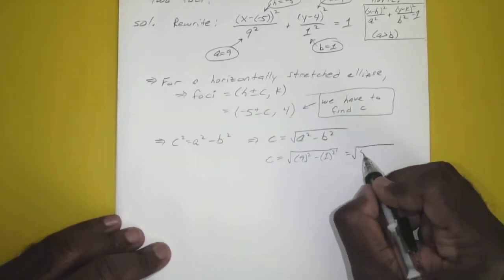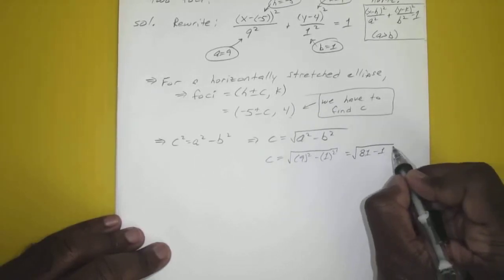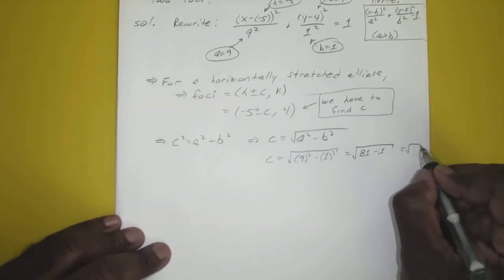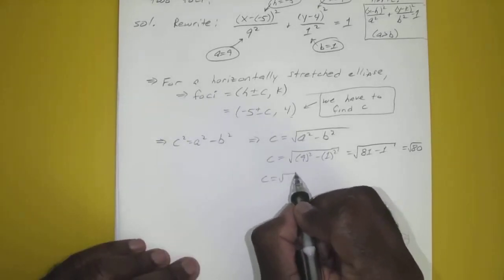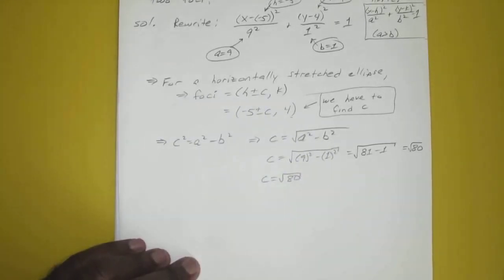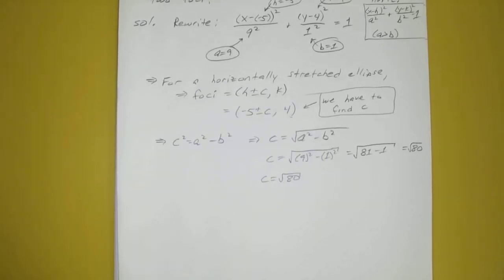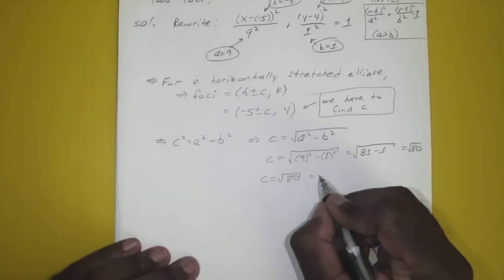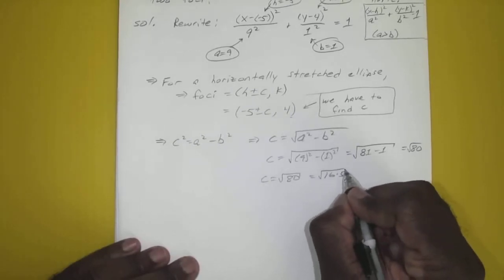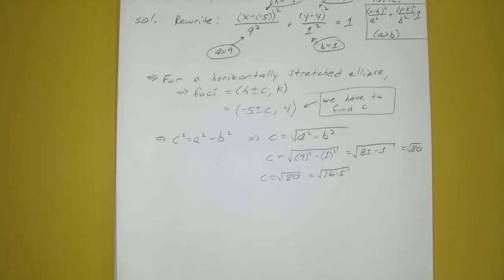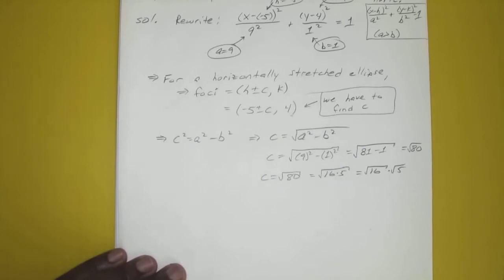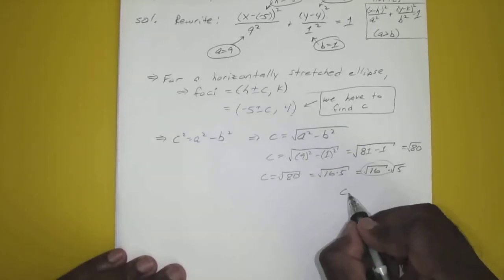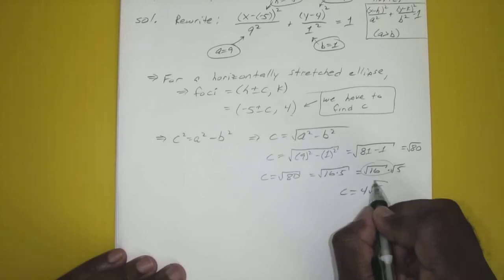So that's the square root of 81 minus 1, which is square root of 80. Okay, so we know that c is equal to square root of 80, but we can simplify that one since 80 is 16 times 5. So square root of 16 times 5, and we can go ahead and just separate those. Square root of 16 times square root of 5, that just becomes 4, so c equals 4 square root of 5.